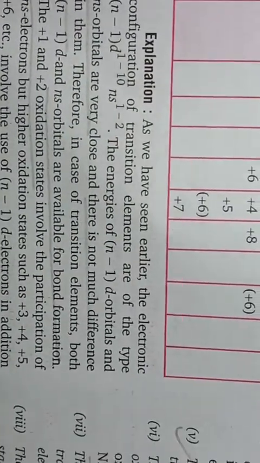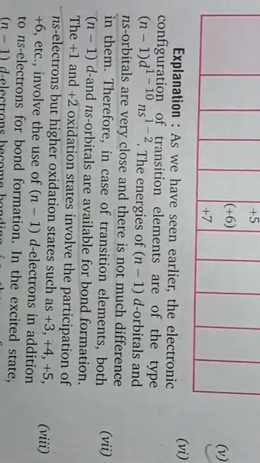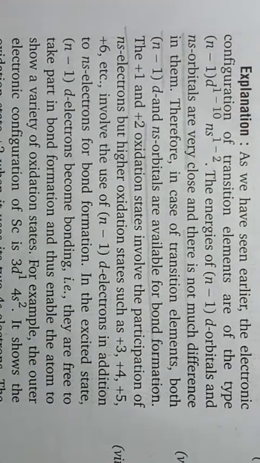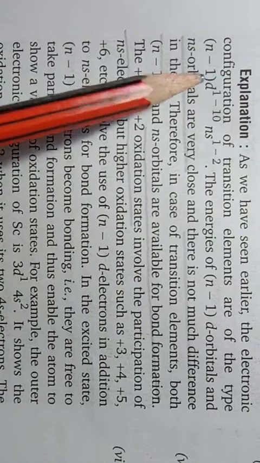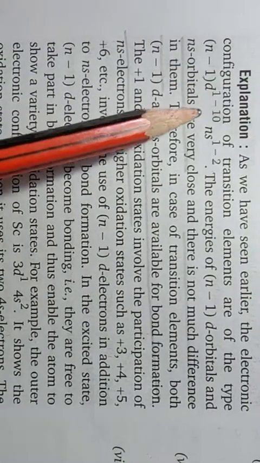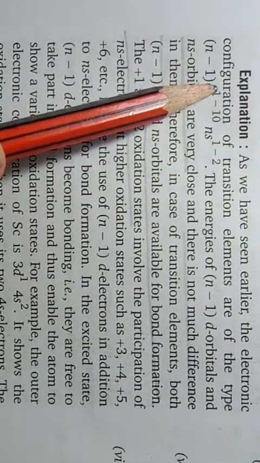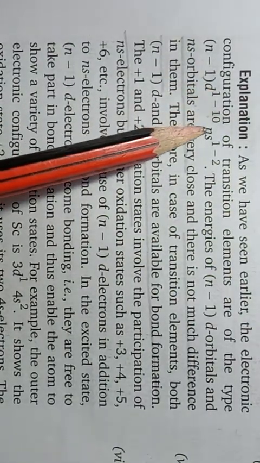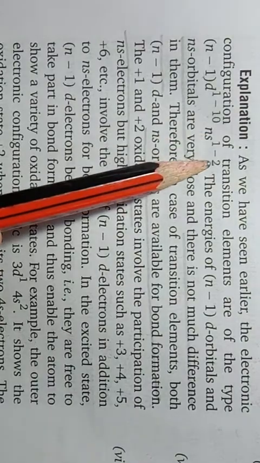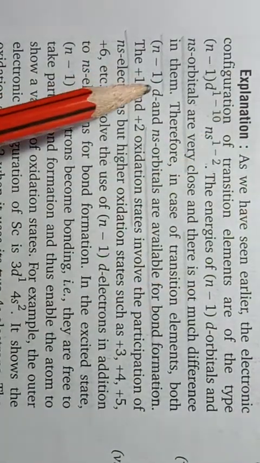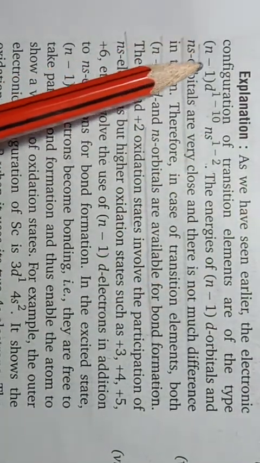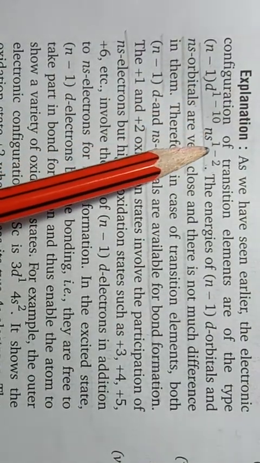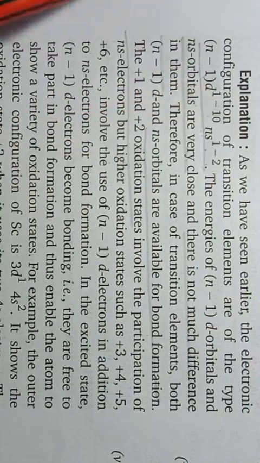First, we will do the explanation part: why do these transition elements show a number of oxidation states? Because in transition elements, the configuration of the valence shell is (n-1)d with 1 to 10 electrons, and in the ns shell 1 to 2 electrons. So at the time of bond formation, these transition elements can use electrons of the ns shell and of the (n-1)d shell also.